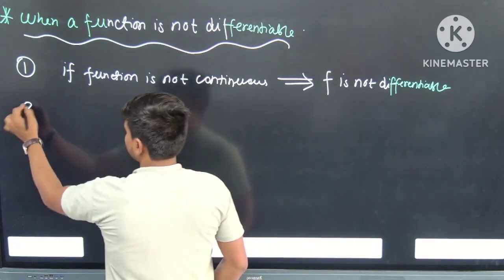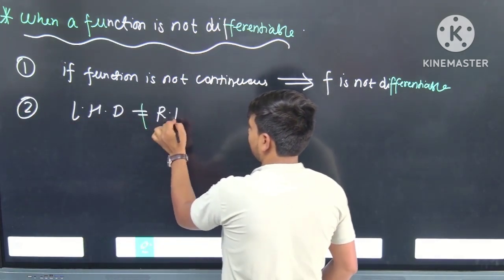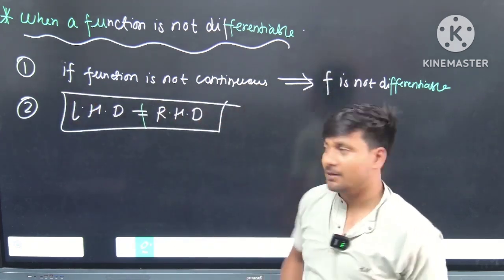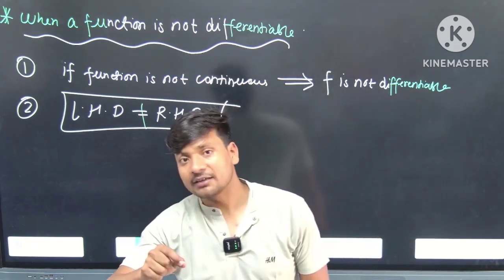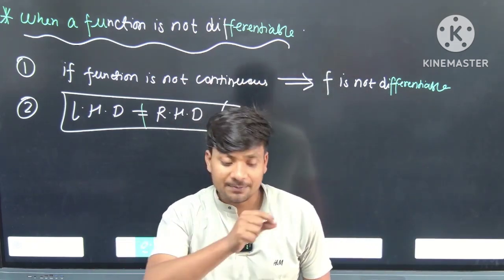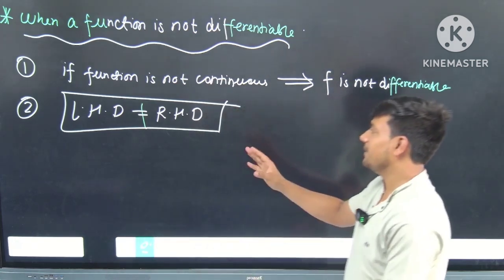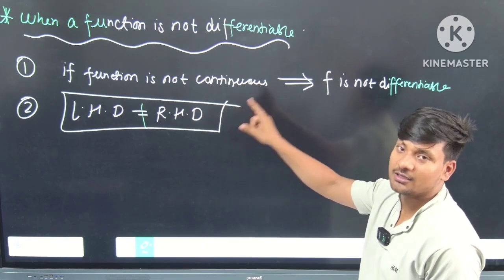Second point is, left hand derivative is not equal to right hand derivative. If we calculate the left hand derivative and right hand derivative and both are not equal, that means the function has two different slopes at that point. The left tangent has a different slope and the right tangent has a different slope. That means the function is not differentiable, because at that point you cannot find a unique tangent.